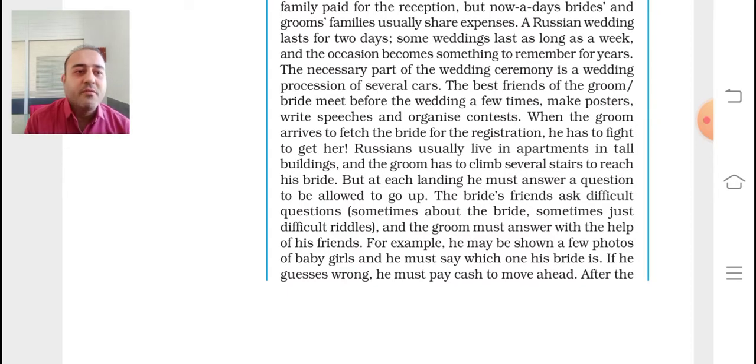Russians usually live in apartments in tall buildings, and the groom, that is the dulha, has to climb several stairs to reach his bride. Okay, but at each landing, he must answer a question to be allowed to go up. That means while moving upstairs to the bride's place, he has to answer at each and every floor.